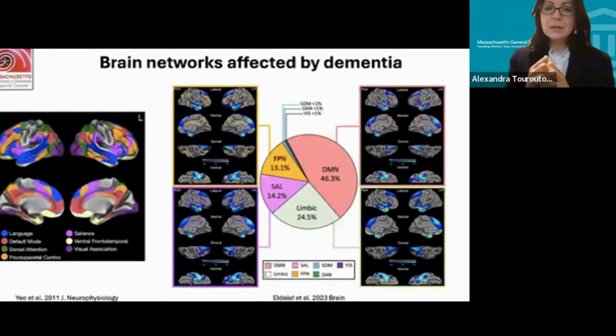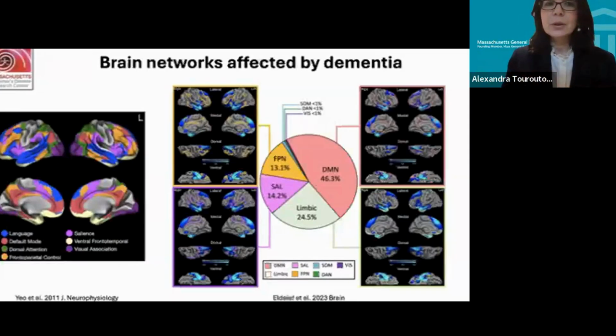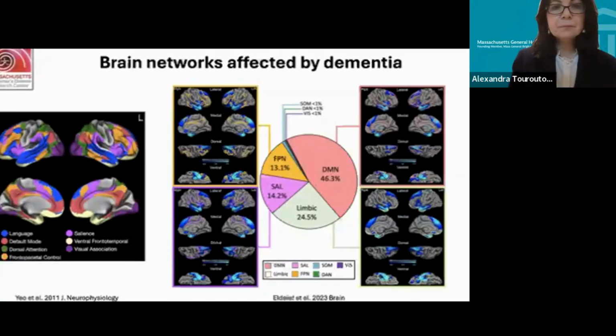And depending on the communication between brain regions and the network that they form, this helps us perform different behaviors and functions. And when there's a breakdown in the communication in this brain network, behaviors are affected.